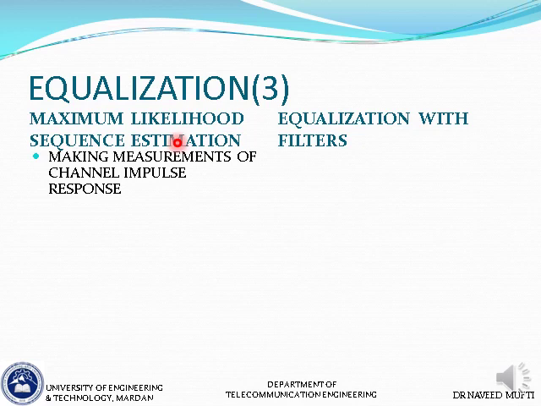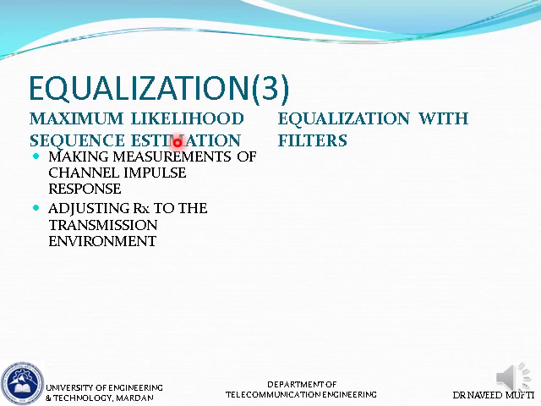The channel's impulse response is obtained as c of t, and then using that, the receiver is adjusted to the transmission environment. For example, if the channel conditions change, its impulse response will change, and we will make further adjustments in the receiver to compensate accordingly.